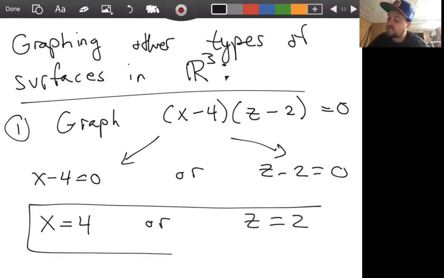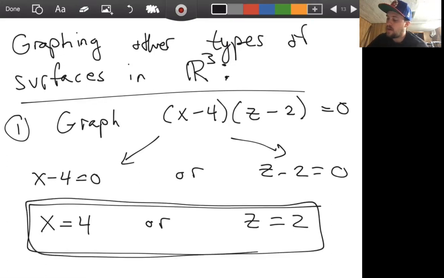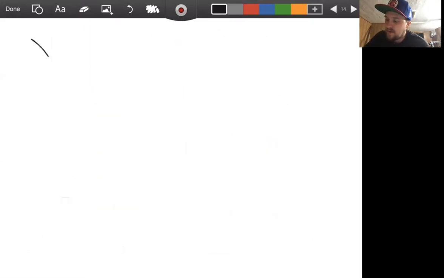Okay, so we've simplified this equation into two equations. It's a couple of possibilities, right? It's either x = 4 or z = 2. So what does that mean graphically?